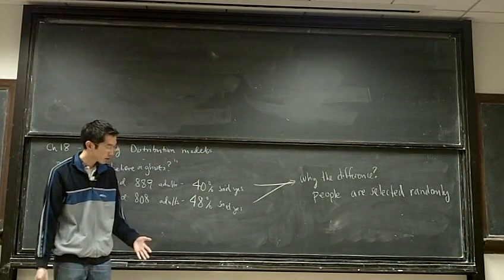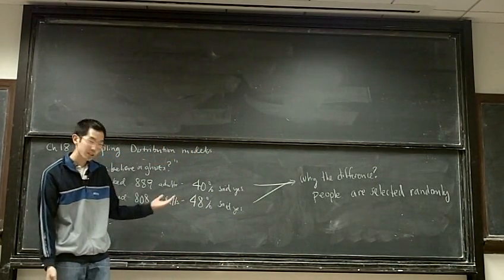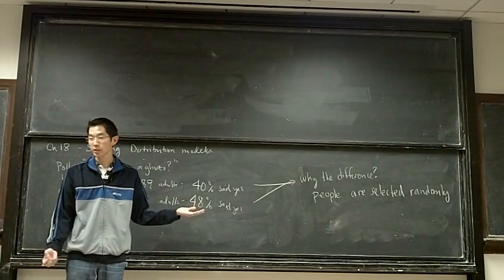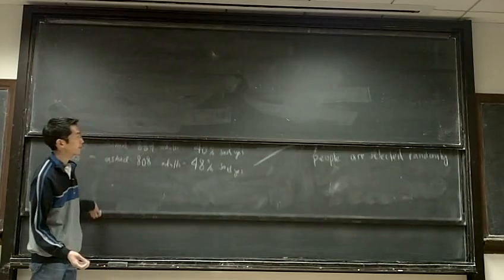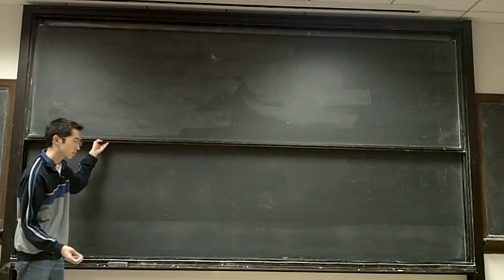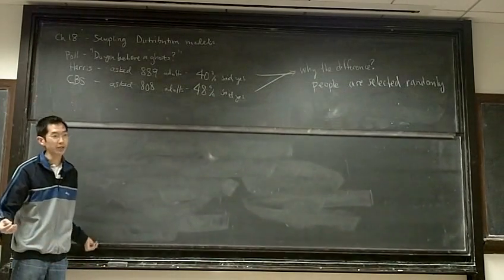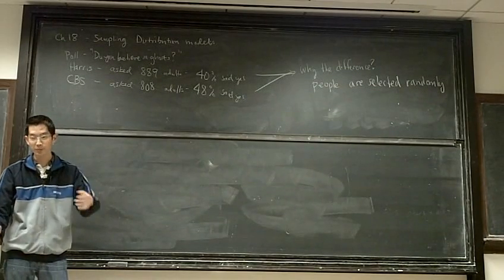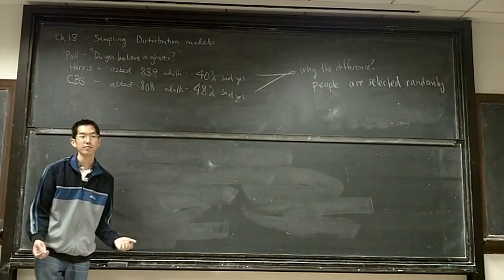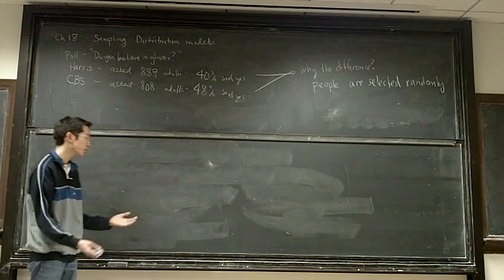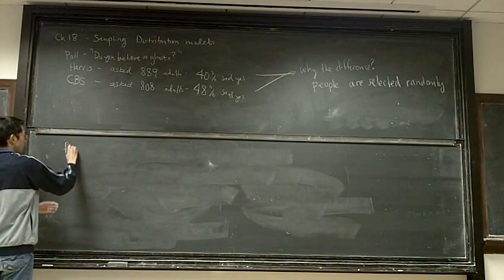And just because things are selected randomly, different things can happen. Just imagine, everybody, let's say you pull out a quarter, and I tell you, flip the coin 20 times.